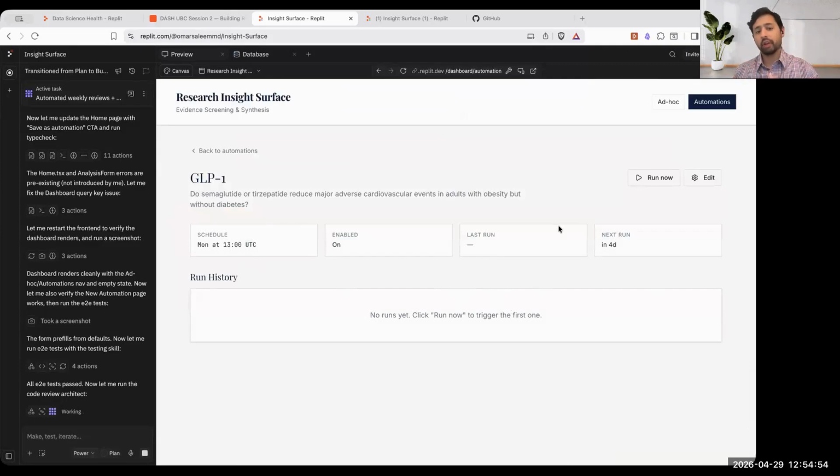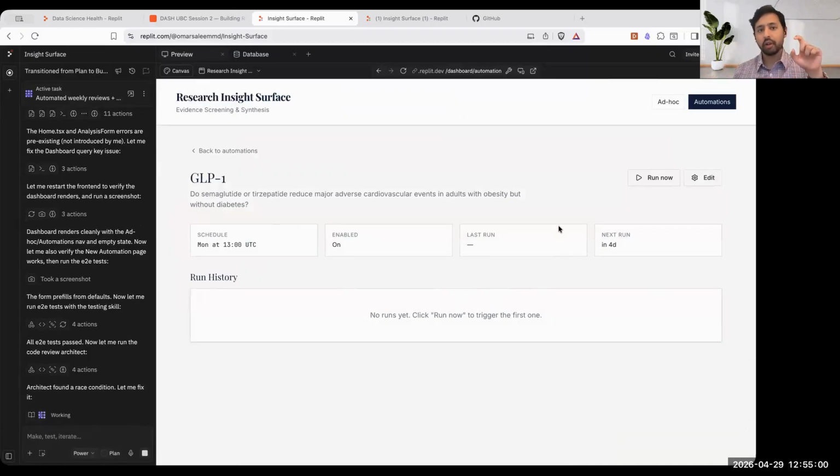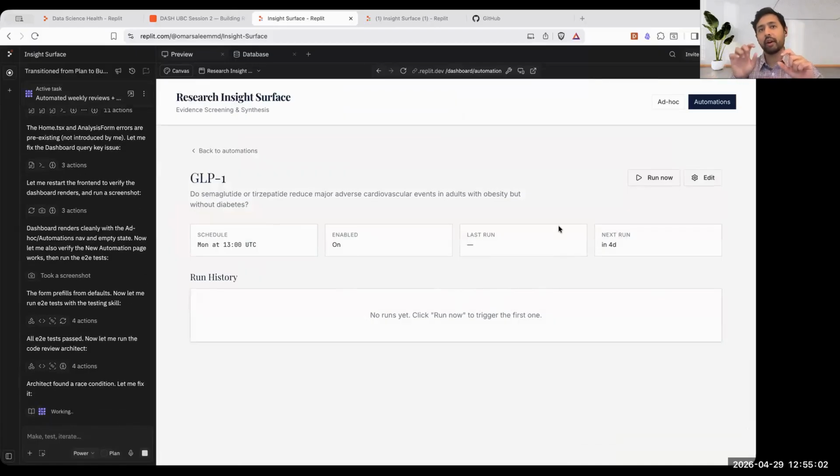The next iteration of this would be agentic. Say we run the automation, and the automation comes out with a new paper, and it's flagged. Now an agent can pick that up and ask, okay, why was this the case? And then we can add, if this happened, how does this impact XYZ?